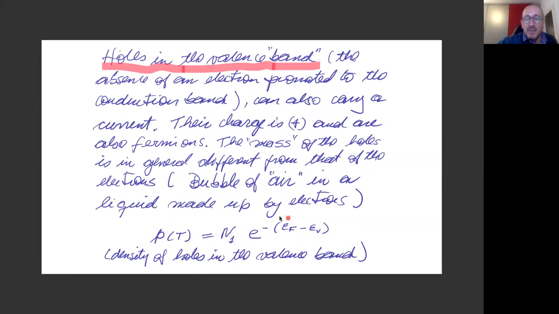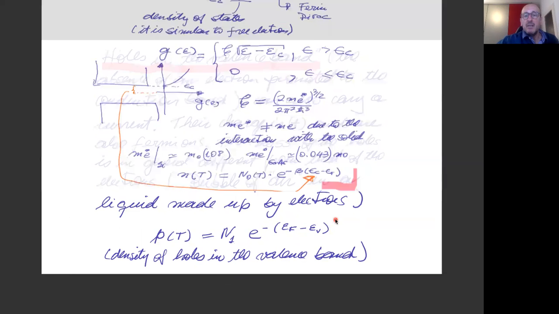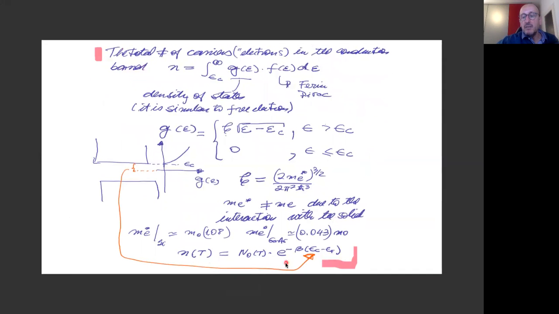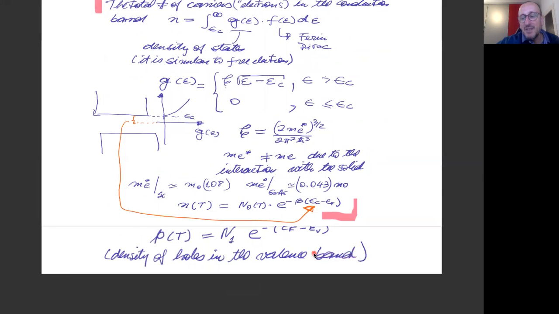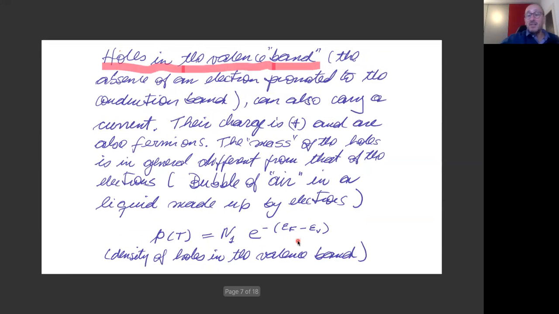So you can see that this P of t is equivalent to this N of t with the exchange of the conduction band by the valence band, but also the sign is changed. The sign is changed because this must be a positive number.